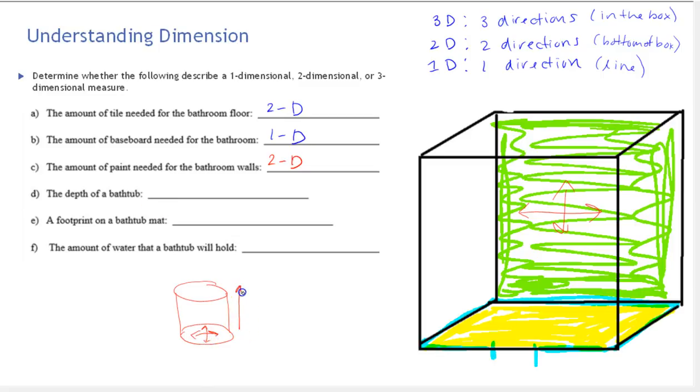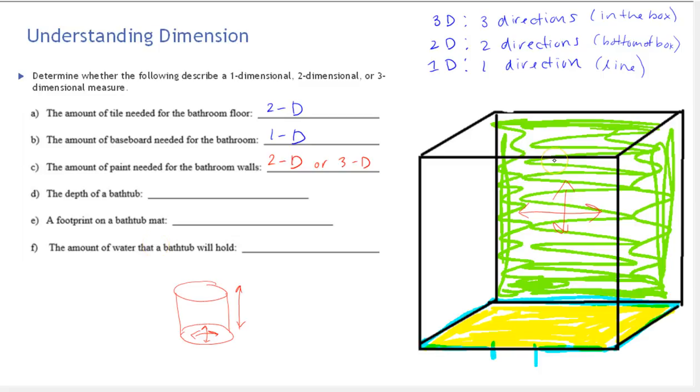And the paint can also goes up. So the amount of paint, if we think of it as the bathroom wall, would be a 2-dimensional measurement. If we think about the gallon of paint itself, we could say that the amount of paint is 3-dimensional.